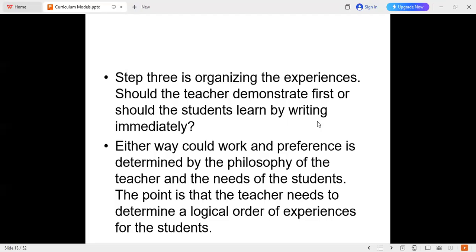The point is that the teacher needs to define a logical order. I mentioned a few minutes back the order, organizing the facts of experience for the student.